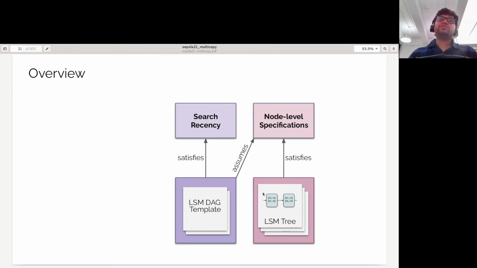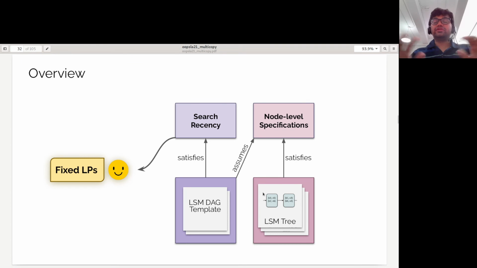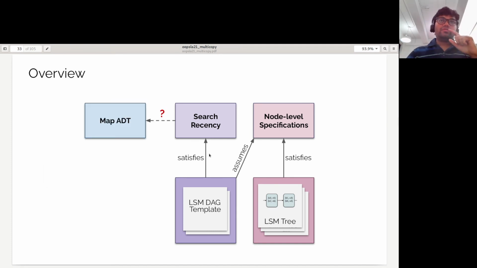Right. Okay. So this makes things easier. This simplifies the problem because search recency can be expressed using specifications which have fixed linearization points. So the proof that a template satisfies search recency is easier than directly proving the map ADT. Now we are not quite done yet, because our final aim is to show that these implementations satisfy the map ADT specification.